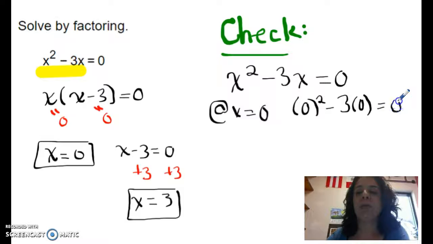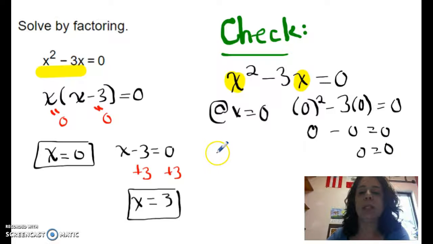And so notice we're just plugging in 0 everywhere there's an x. So here and here. And then we're going to just simplify that. So 0 squared is 0, and 3 times 0 is 0, so minus 0, and so 0 equals 0. So this actually checks. So we're done with that check.